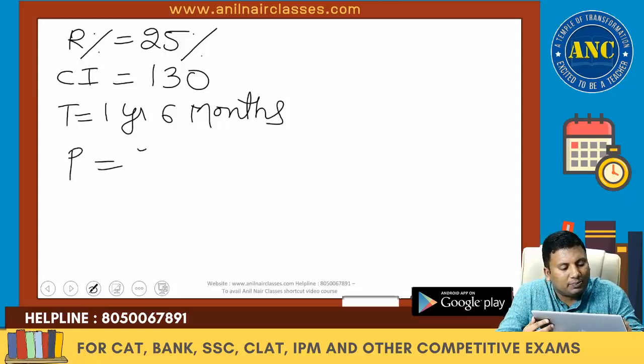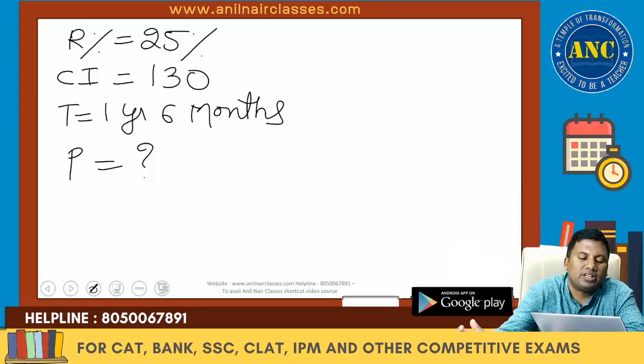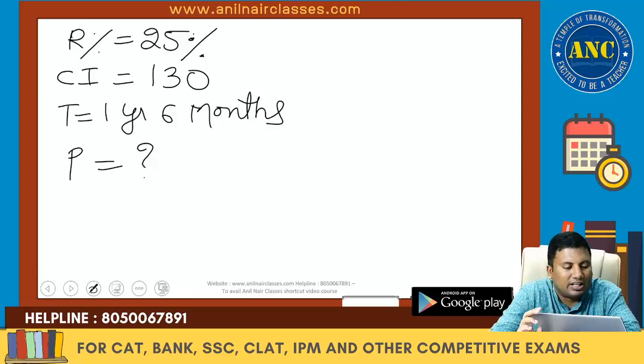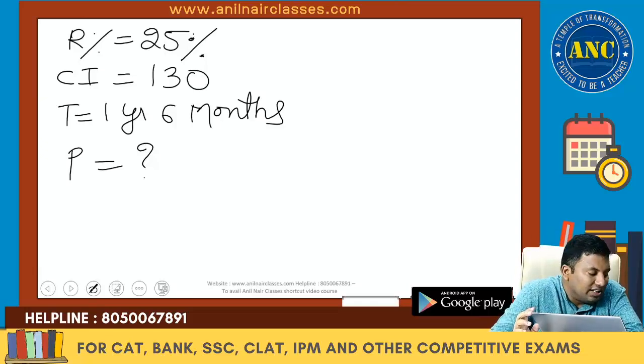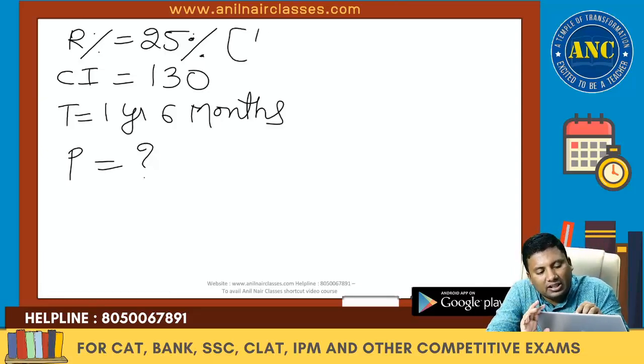Find the principal. Morning we thought of discussing this logic. R percentage is 25 percentage, CI is 130, for 1 year 6 months. Find the principal. 25 percentage is 1 by 4.